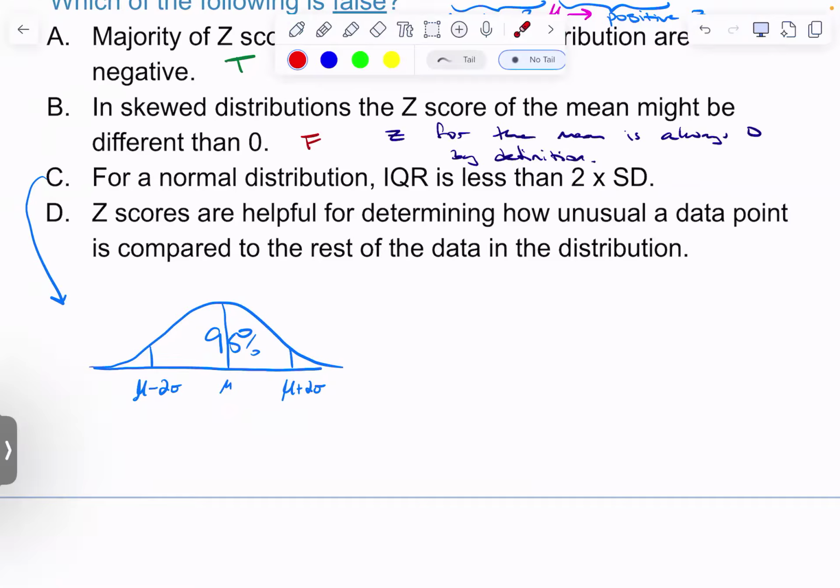Why am I bringing that up? Because the interquartile range is the central 50%. We know that. Around the median, I know you thought you had me around the median. Well, for a normal distribution, the median is the mean, is the mode.